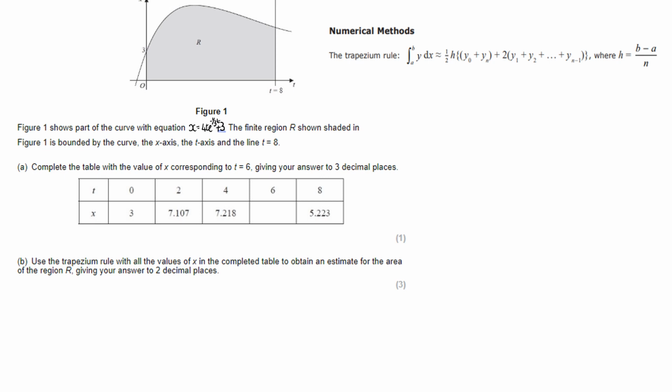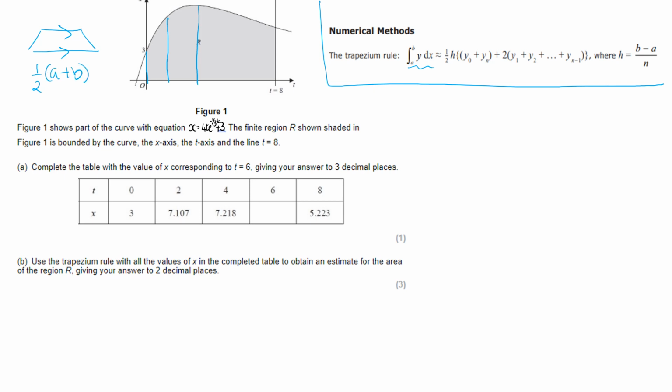This next question is using the trapezium rule, and I've put how the trapezium rule appears in the formula booklet. So we're approximating the integral by splitting it into trapezia. So when you're at GCSE and you look at trapeziums going this way, these are my parallel sides, and the formula you get on the formula sheet at GCSE is half (a plus b) h.